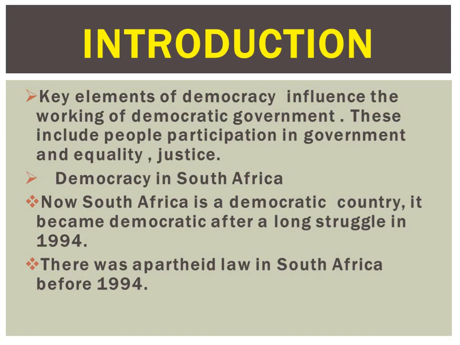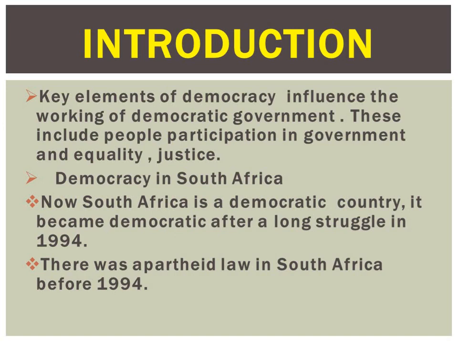So key elements of democracy influence the working of democratic government. The key elements present in democracy, equality and justice, influence the working of democratic government. These include people's participation in government, and equality and justice.